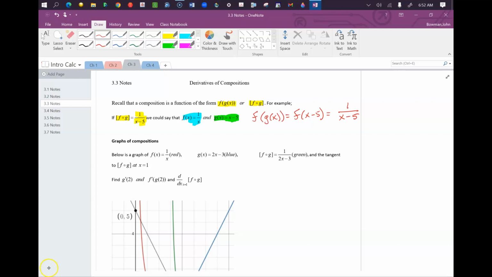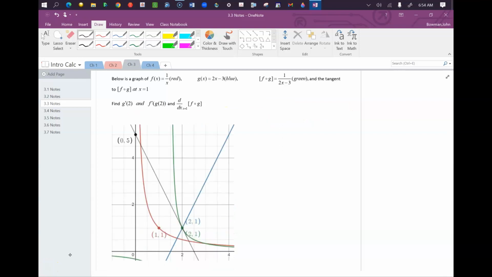of two functions. So what we're going to do right now is a sort of proof by example for finding the derivative of a composition. What you see here is a graph of several functions.